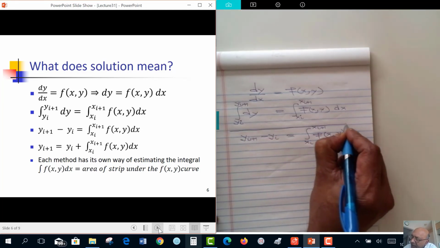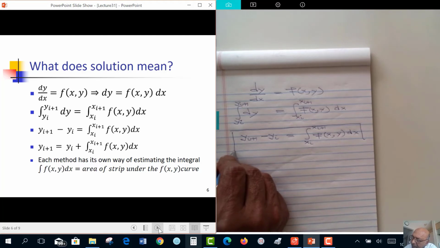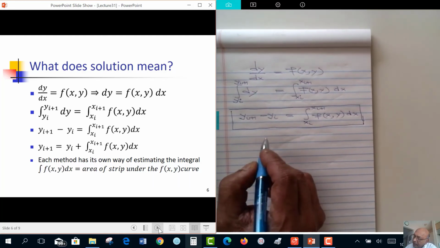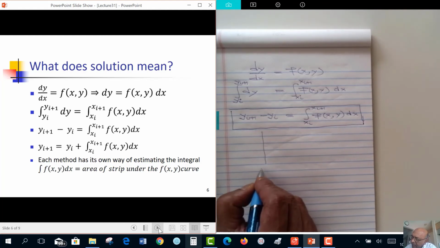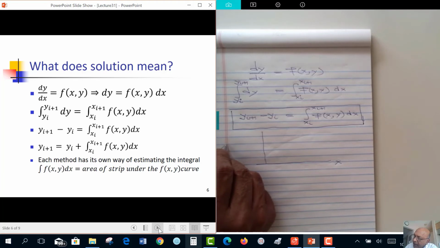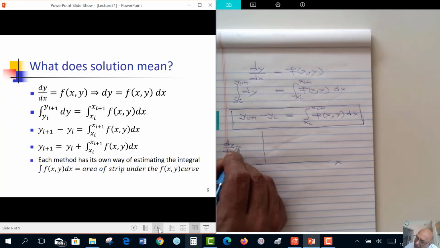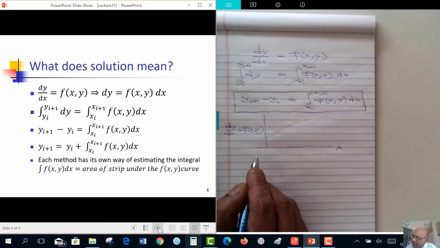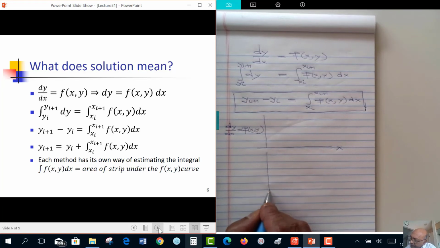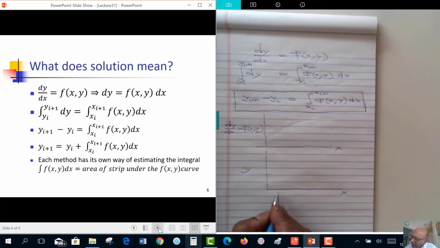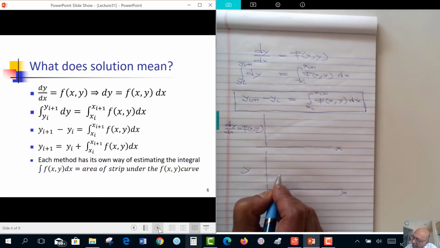So let's see what this means graphically. So here is x and here is our dy dx, which is a function of x, y. Underneath it, I'm going to draw y, and at xi we know yi.